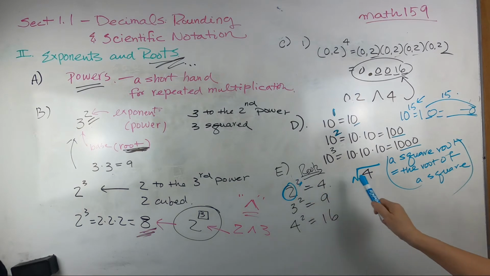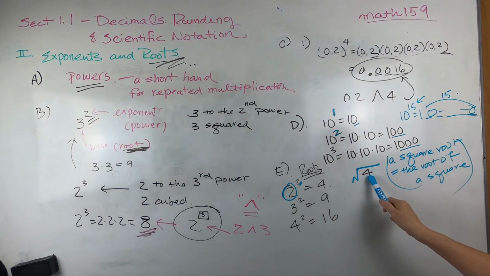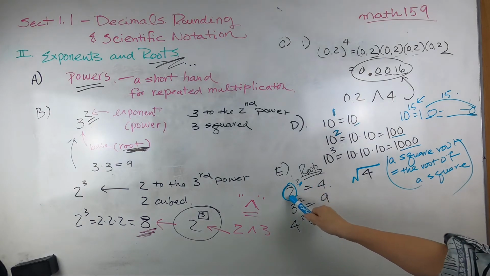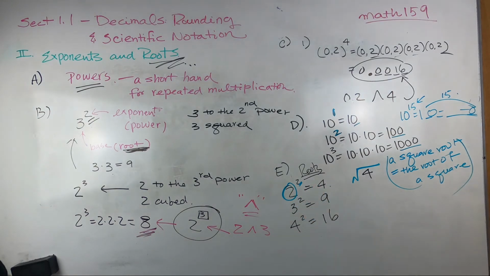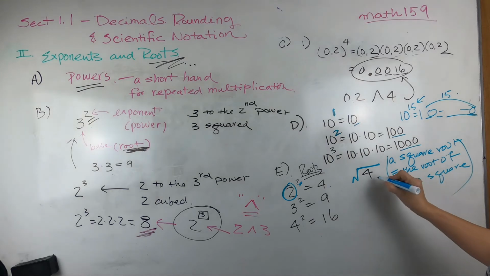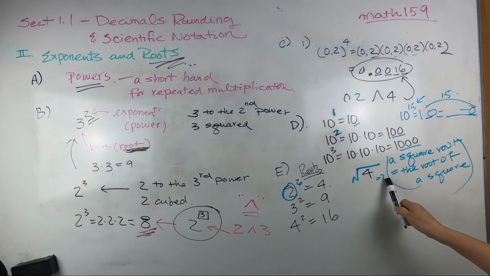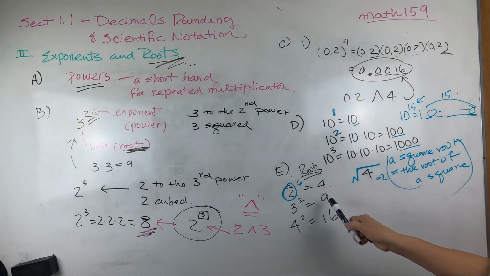Take a square becomes this number. Who is the root? What's the square root of 4? That would be what? The root is what? It should be 2, right? The root makes the square, if they take square, become the 4, right? Square root, root of square.